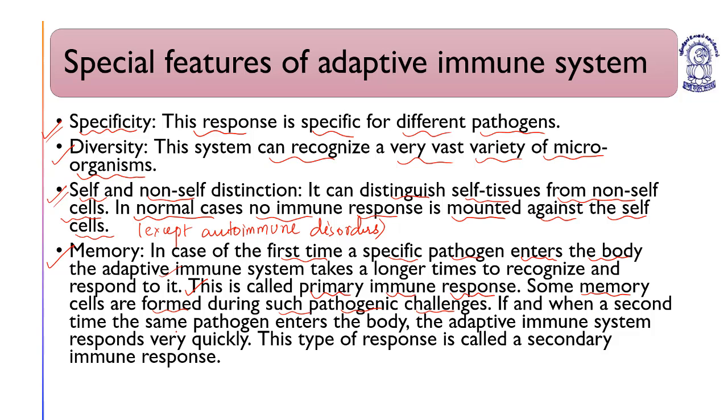And when a second time the same pathogen enters the body, the adaptive immune system responds very quickly because the memory cells directly signal the formation of antibodies, or they will signal the killer cells or the antigen presenting cells to work on. So these memory cells are basically a differentiated form of cell, and they are also known as primed cells.